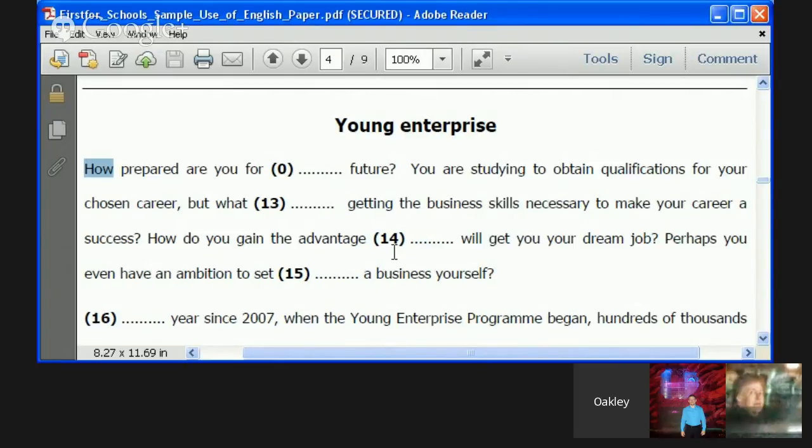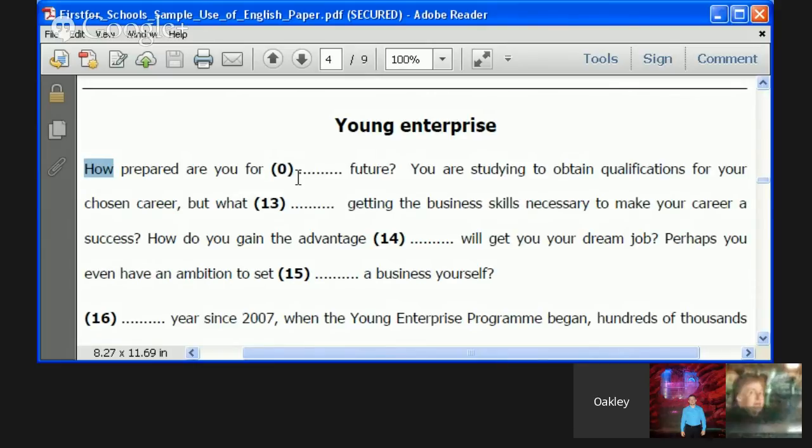How prepared are you for nearest future? No. Even if it was nearest, we would need another word in front of it. The nearest future.